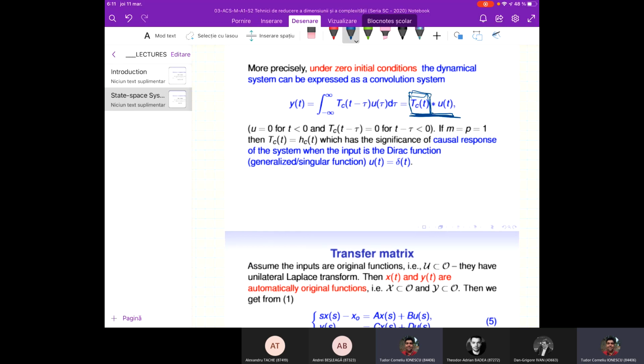So the ball and the table are the system. The pushing is the impulse signal, and the movement of the ball on the table is the echo, or the response, of your pushing of the ball. Is this somewhat clear? Yes, it is. Okay.